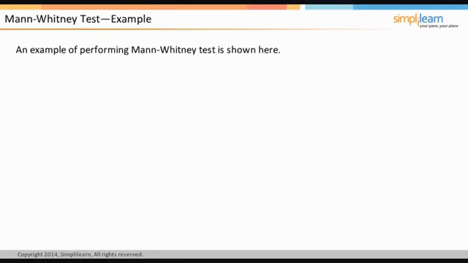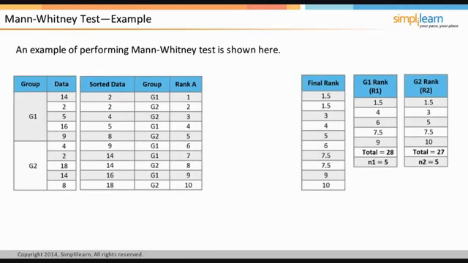Let us look at an example of the Mann-Whitney test in this screen. Suppose you have two sets of data, G1 and G2. The G1 values are 14, 2, 5, 16, and 9, and the G2 values are 4, 2, 18, 14, and 8. Now, combine the G1 and G2 values, sort them in ascending order, and mention the group name against each value.